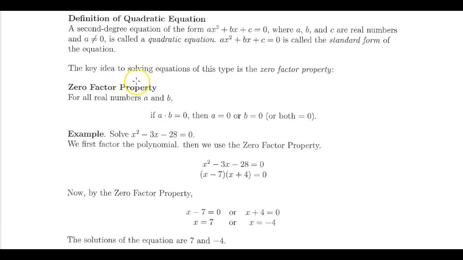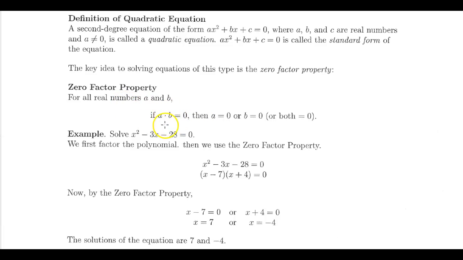Another key idea to solving equations of this type is the zero factor property. It's a pretty simple idea. If we have two real numbers that multiply to be 0, then either the first number has to be 0 or the second number has to be 0.